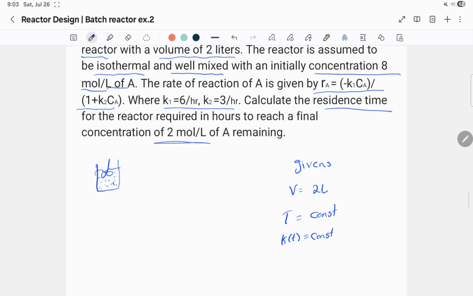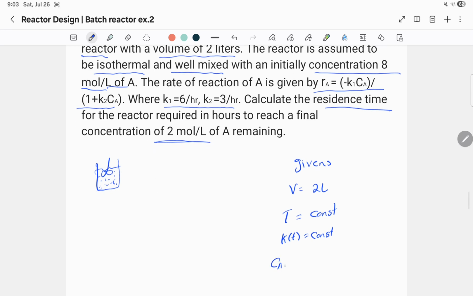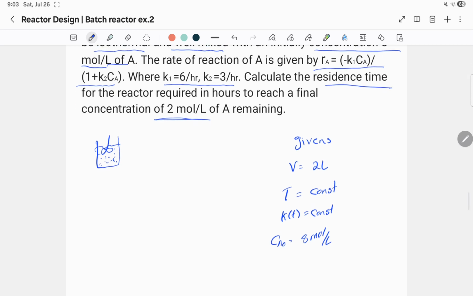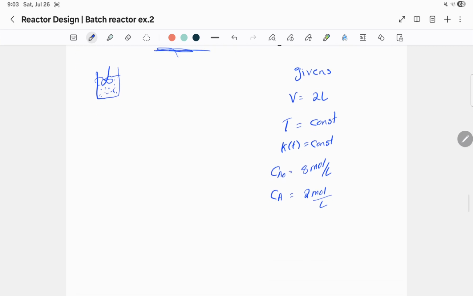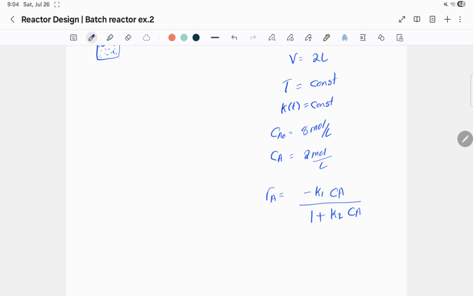Okay, the initial concentration is 8 moles per liter. The final concentration is 2 moles per liter. The reaction rate equation is given by this equation here.